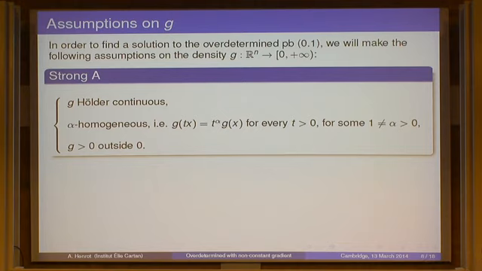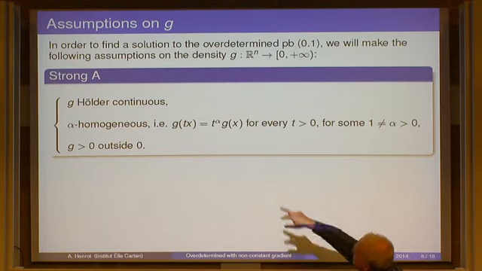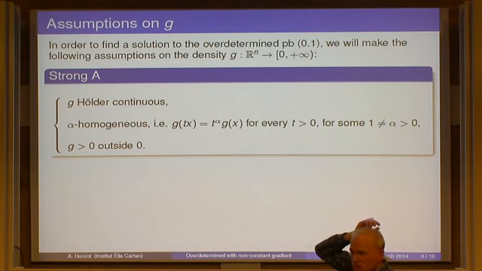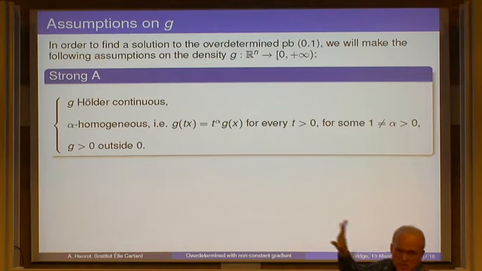So the strong assumption I will put is actually not the continuity assumption, which is quite classical, but the homogeneity assumption. I will assume J to be alpha homogeneous. And you will see immediately why I need this assumption.